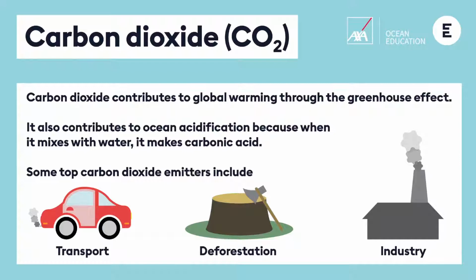Everything from transport, so the use of fossil fuels such as petrol, or even some transport driven by natural gas. We've also got construction and industry, again using fossil fuels, creation of energy, and also other aspects such as the production of food, and especially high carbon, high intensive farming for things like meat.